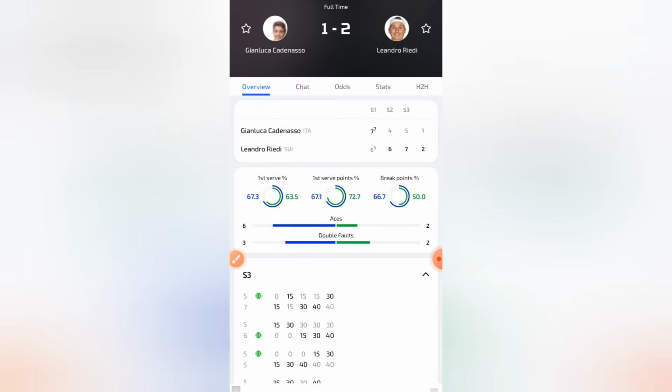The common point that we usually get in the first set is actually over 8.5, but sometimes when the game is not ending well, maybe there is a side that is more favored, maybe there's a player that is stronger than the other one, that is when you can be having 6-1.